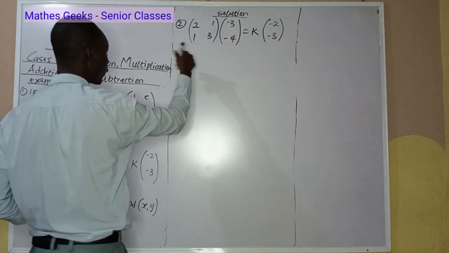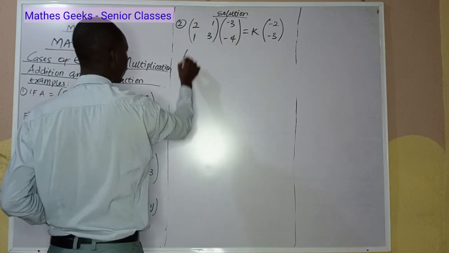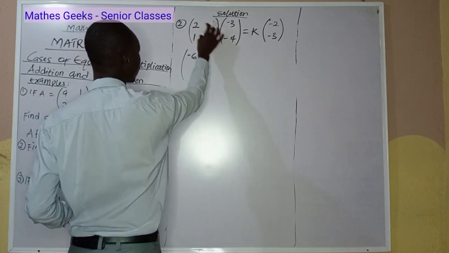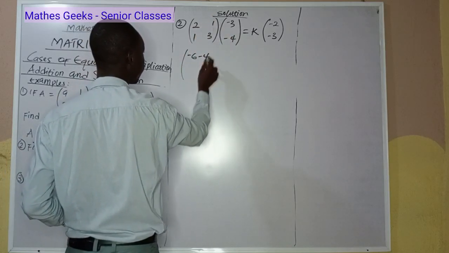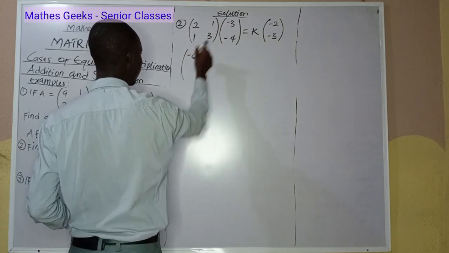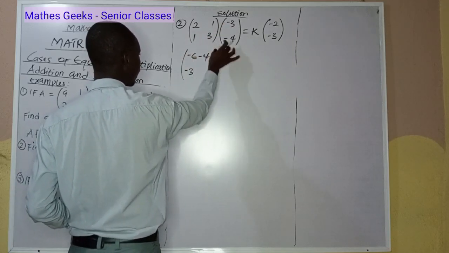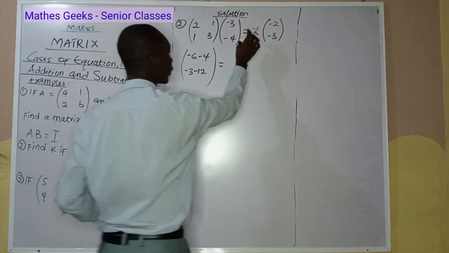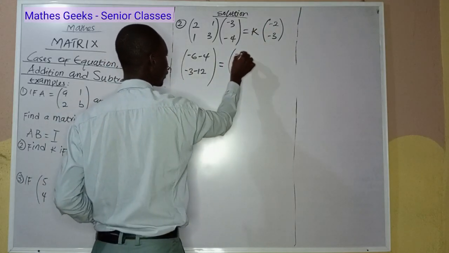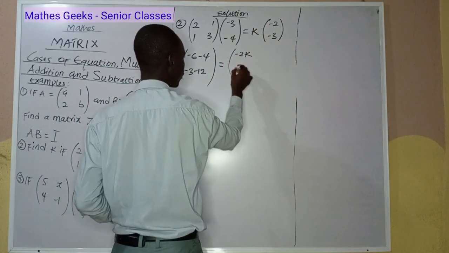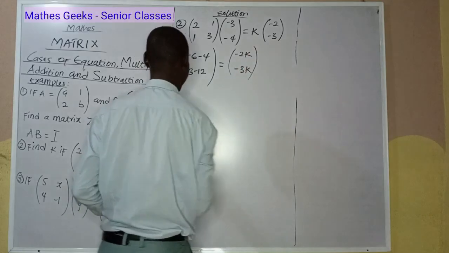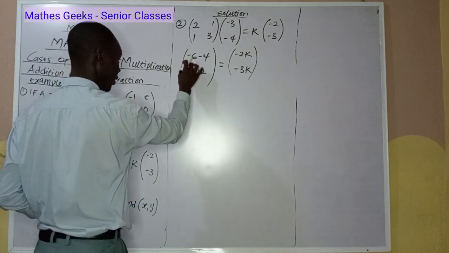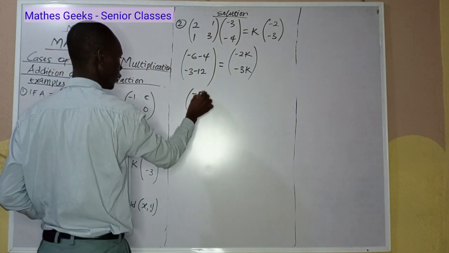So let's evaluate. 2 times minus 3 gives us minus 6. 1 times minus 4 is minus 4. 1 times minus 3 is minus 3. 3 times minus 4 is minus 12, equals K times minus 2, minus 2K, and K times minus 3, minus 3K. Minus 6 minus 4 gives us minus 10.